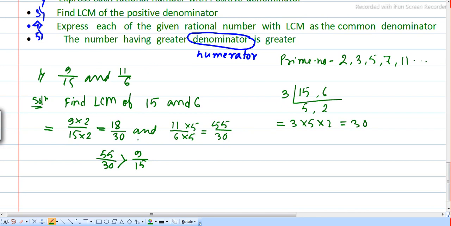What does it mean? It means 55 by 30 coming from 11 by 6, so 11 by 6 is greater than 9 by 15. Okay, so our topic is ending here. We'll discuss the rest in the next video.